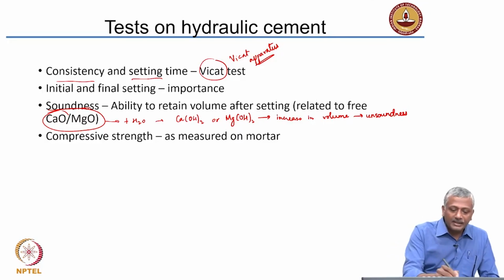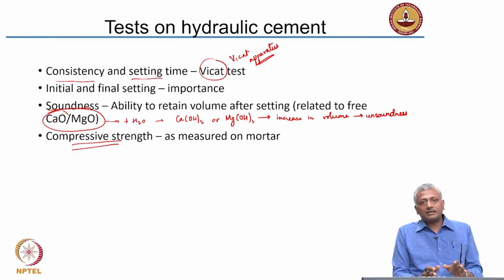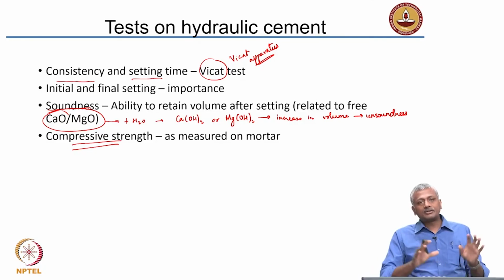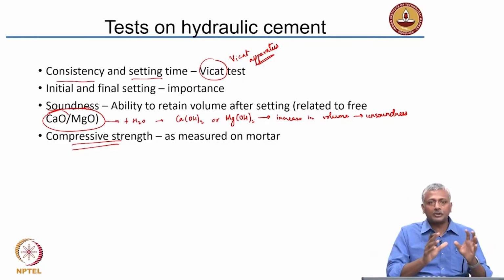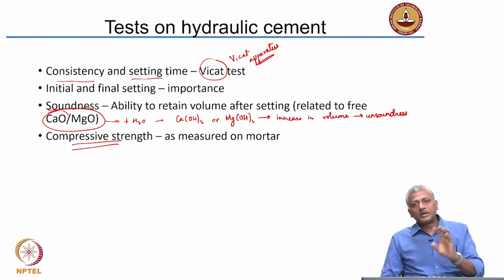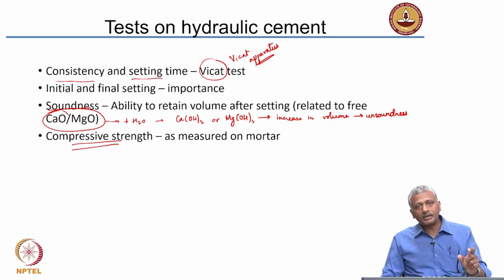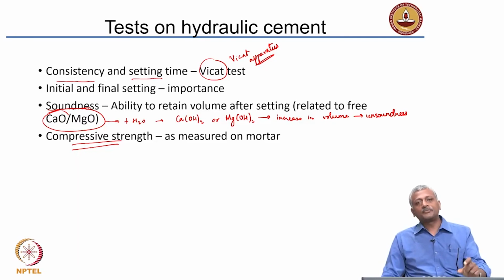Okay. Then you have to measure also the strength of the cement. In real life design, when engineers are working on site with concrete, they will only be worried about the strength of the concrete, that is, the strength they get from the composite material inclusive of water, cement, sand and stone. But to ensure that the cement is of the right quality and will produce the desired effect in concrete, we also have to test all these characteristics, and finally we also need to test the compressive strength.